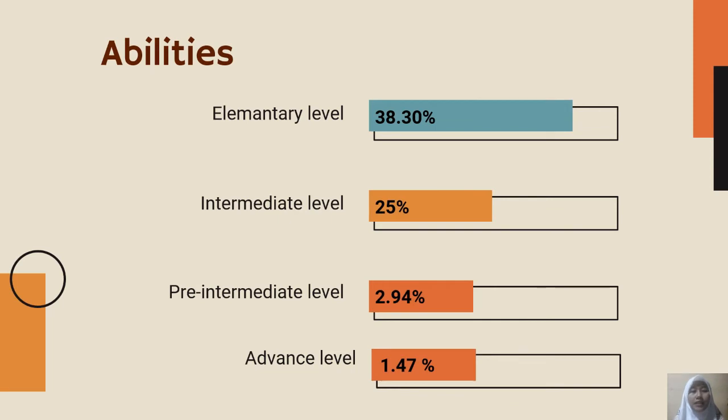On abilities, almost all of the students are at elementary level, then 25% are at intermediate level, and only 1% at advanced level.